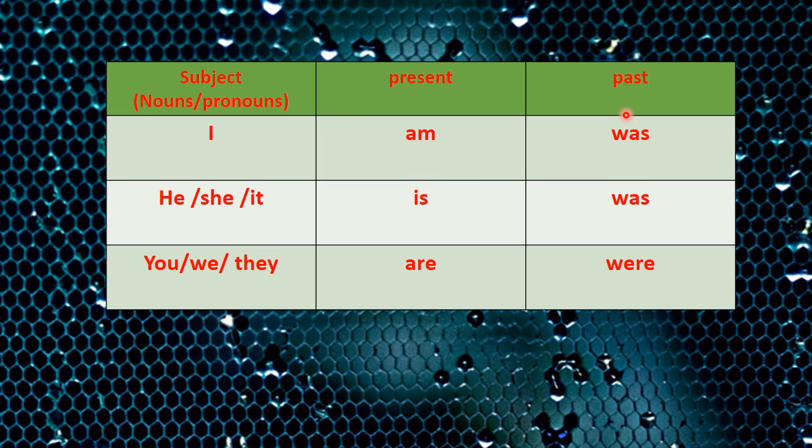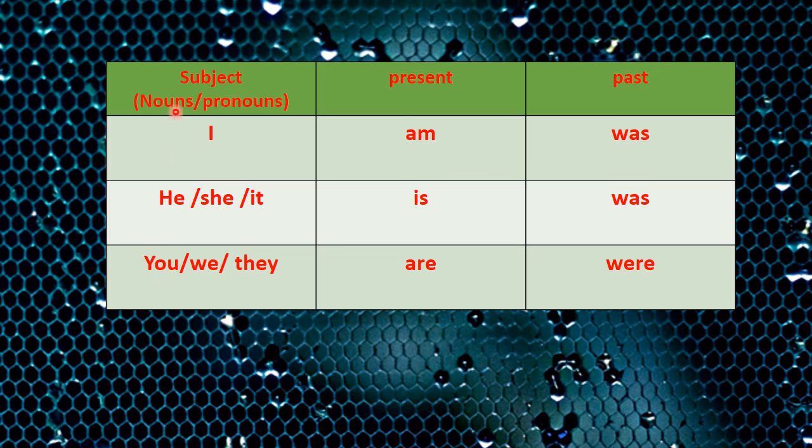So when we tell about something that happened already, that is called past. So with pronoun I, am in present, was in past. He, she, it, any singular noun or pronoun, we are going to use is and was in the past.